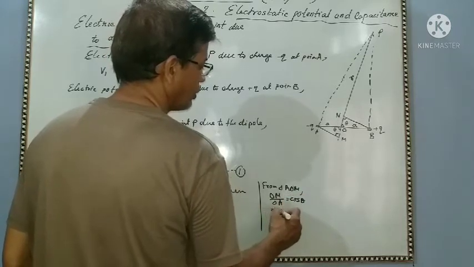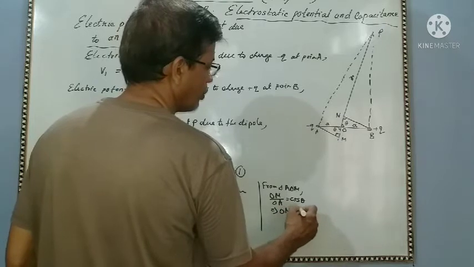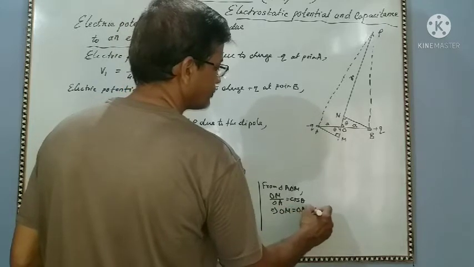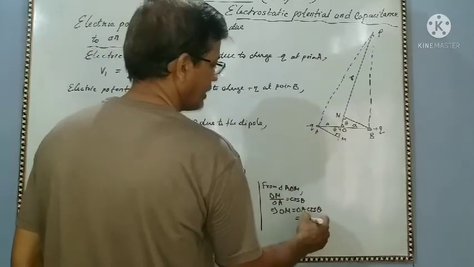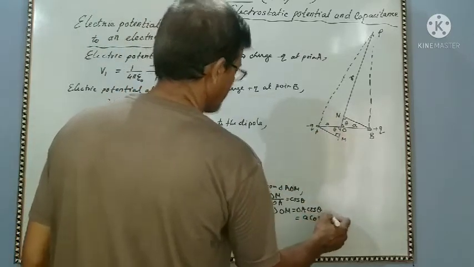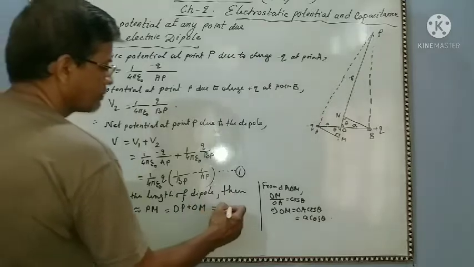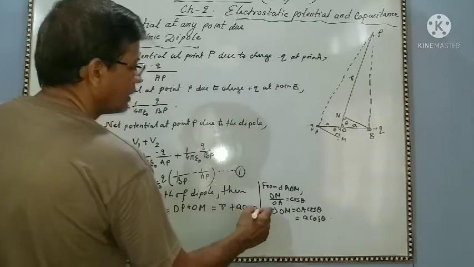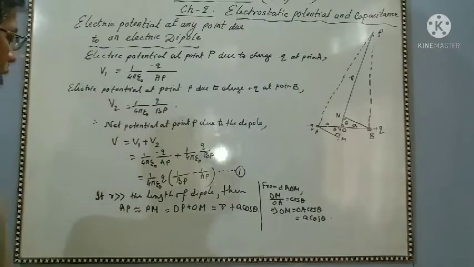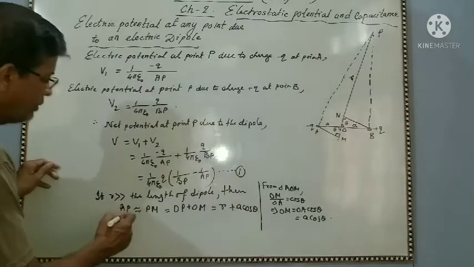So OM equals OA cos theta, and OA means a, so OM equals a cos theta. So AP is nearly equal to r plus a cos theta.